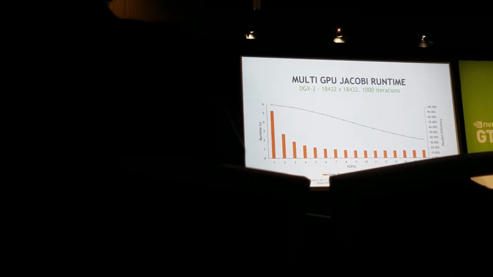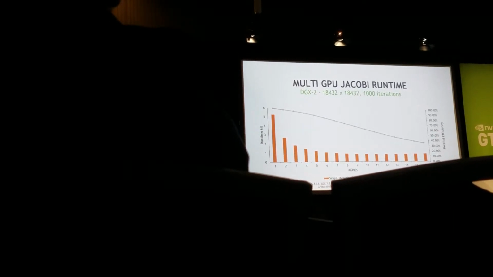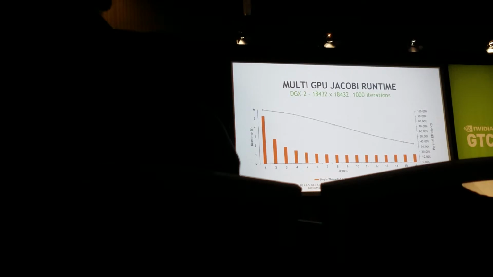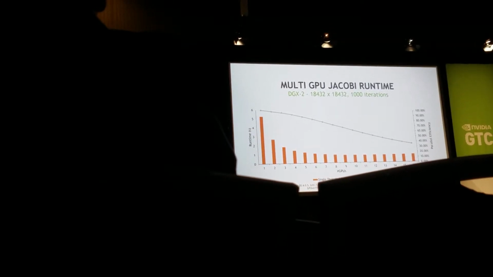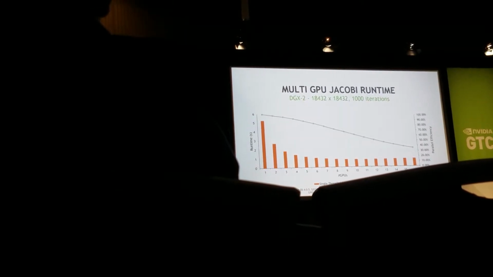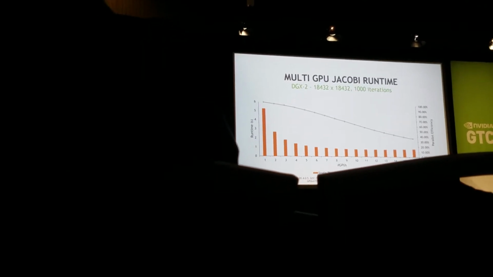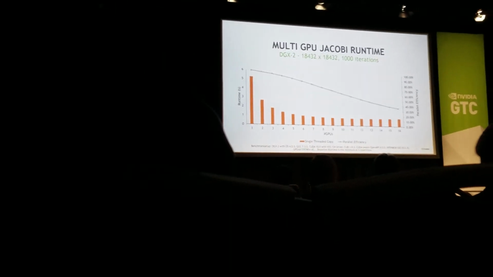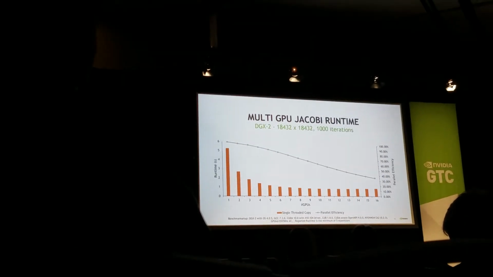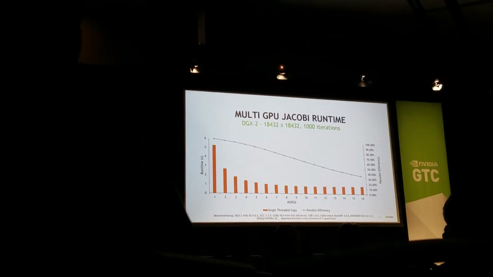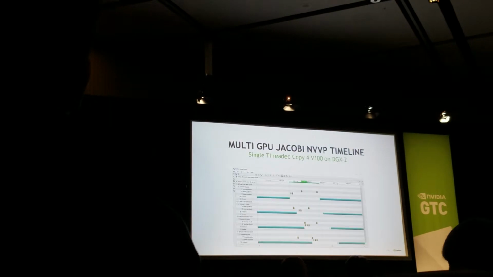As said, the code is available on GitHub, so you could try that out yourself if you have access to a DGX2, of course. So the question is, why are we not achieving better? 36% parallel efficiency is obviously not great, so it would not make much sense to scale this far.